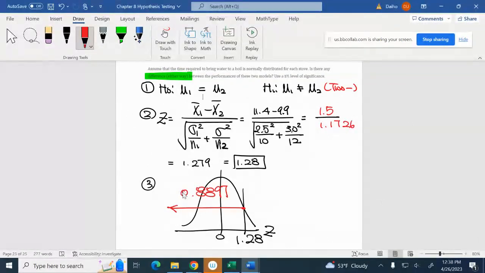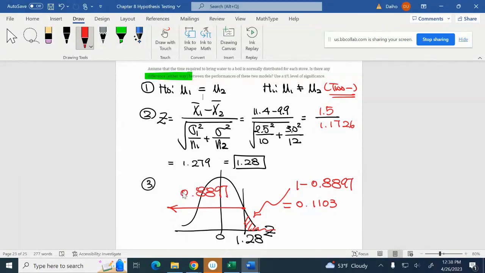Where do we need the probability? Two tails. Let me take the right tail. First, 1 minus 0.8897 will be 0.1103.